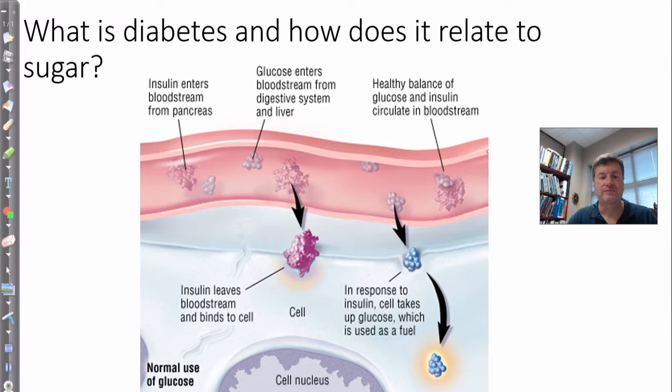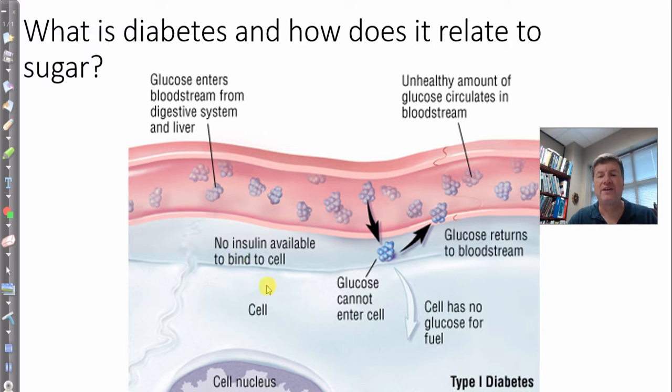However, if someone has type 1 diabetes, then there's no insulin available. They have a problem. They can't produce insulin. So they eat a meal, as the other person did, and glucose enters their bloodstream from their digestive system as we'd expect. However, this sugar can't go into the cells.